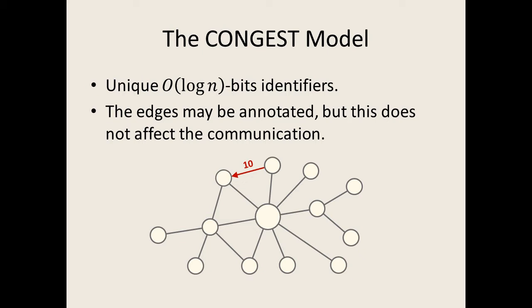For example, these edges may have weights and/or directions, and so the vertices in such cases will also have to know the direction or the weights of their incident edges. But it should be emphasized that this information does not affect the communication in any way. That is, the communication is always done in a bidirectional manner and always in discrete rounds. This is just an input for the network.